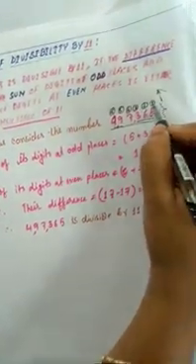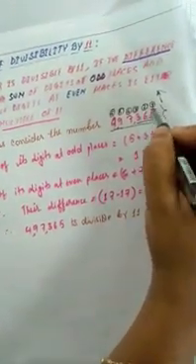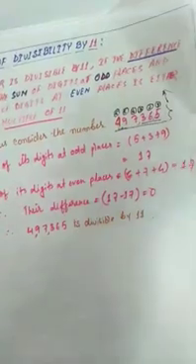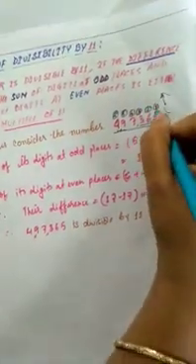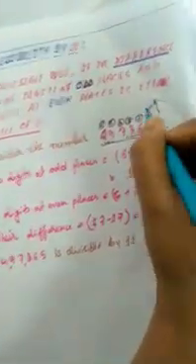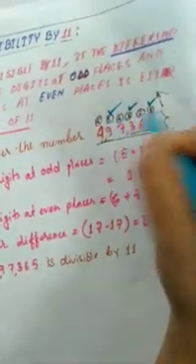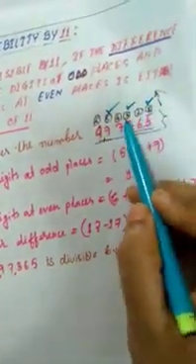So 1 is an odd place. We have to look at the odd places digits. The odd places are 1, then 3, then 5. These 3 are the odd places, 1, 3 and 5.